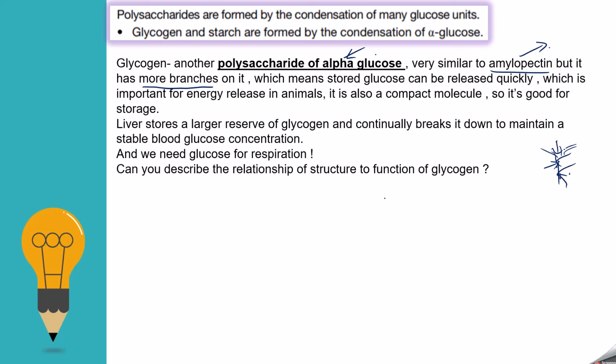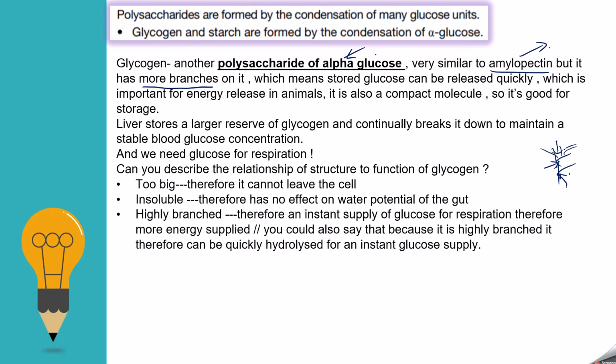So can you describe the relationship of structure to function of glycogen? Knowing some bits from starch, it will be similar to glycogen. So the first, it's too big obviously, so it can't leave the cell at all, or the cell surface membrane. It's insoluble, so therefore has no effect on water potential of the gut.